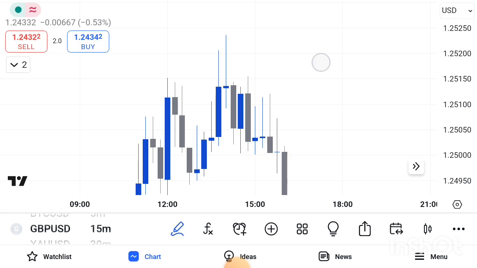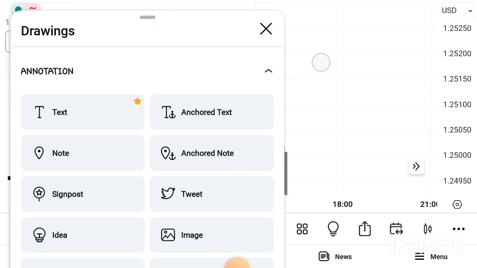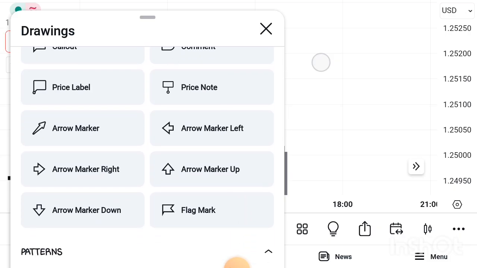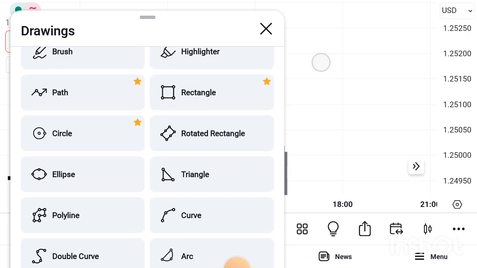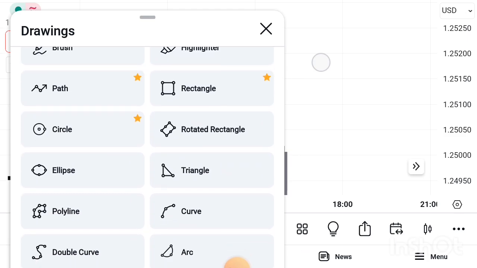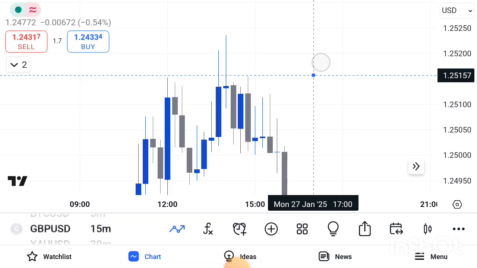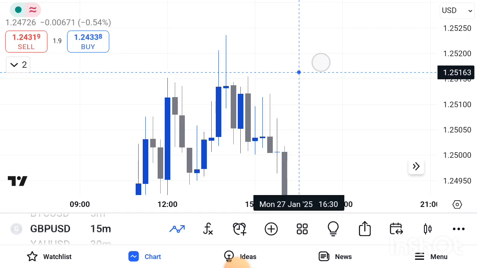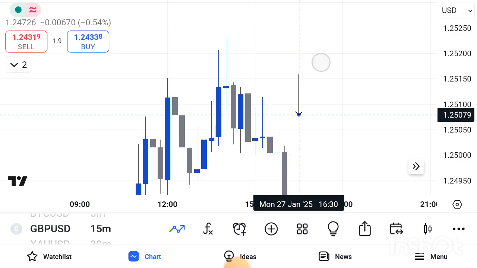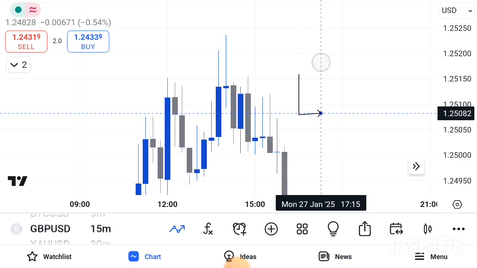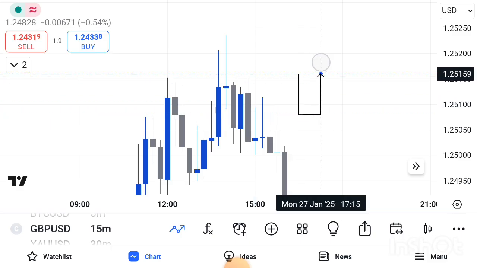Okay, let me use this part. Okay, so this is what one engulfing candle looks like, right? So this is your first candle. Let me try it.